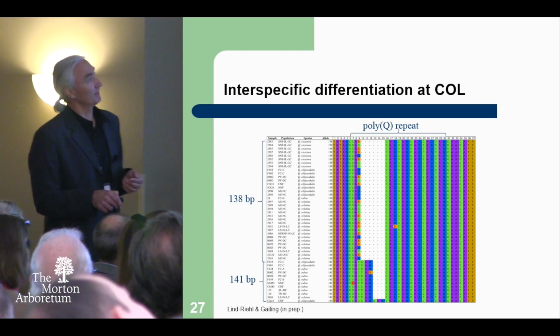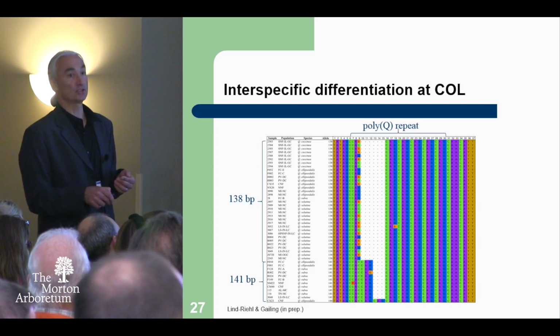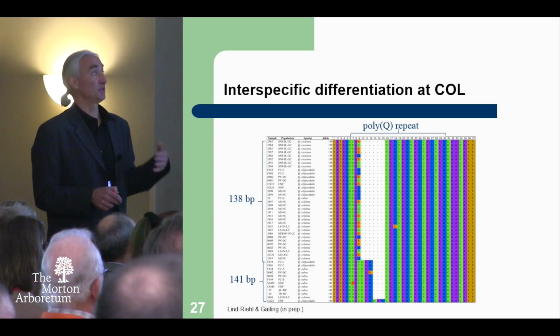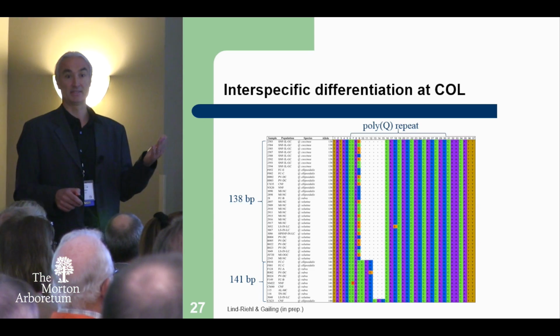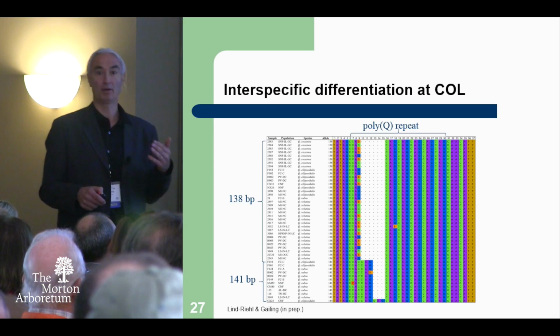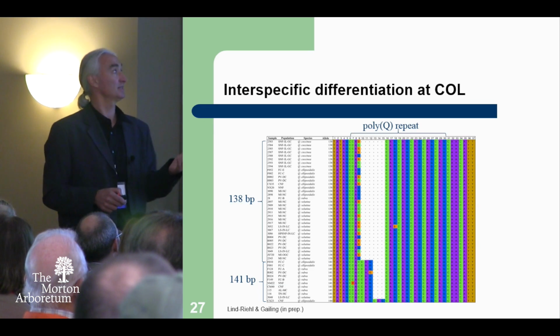And we see that the variation is due to insertion or deletion of 1 amino acid, a glutamine residue. And we don't know what the function of this is, but interestingly, variation in this poly-Q repeat in poplar resulted in slower growth in certain varieties.